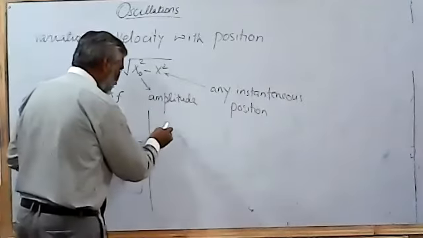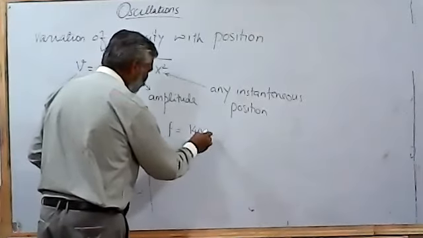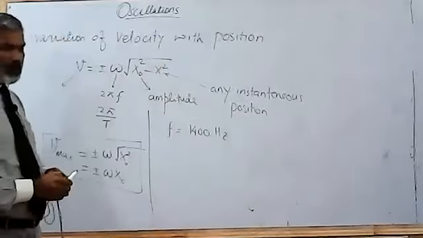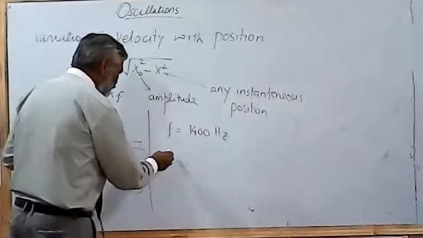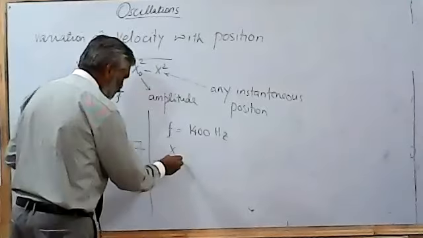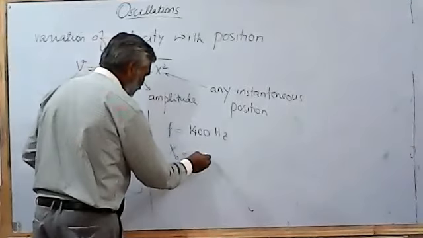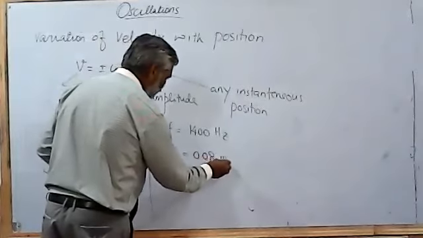The vibrations have a certain frequency and it is given to be 1400 hertz. The cone of the loudspeaker has this frequency, and its amplitude x naught is given by something like 0.08 millimeter.